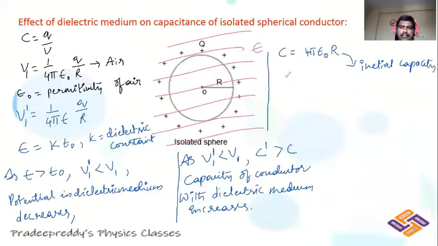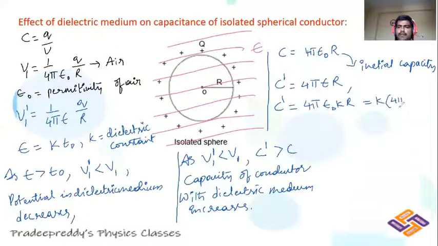Now C dash with dielectric medium. What do you write? 4 pi epsilon into R. But epsilon is equal to epsilon naught into K. So C dash is equal to 4 pi epsilon naught into K R. This is equal to K into 4 pi epsilon naught R. What is 4 pi epsilon naught R? It is C. So C dash is equal to K times C.